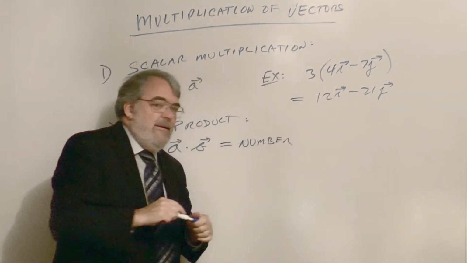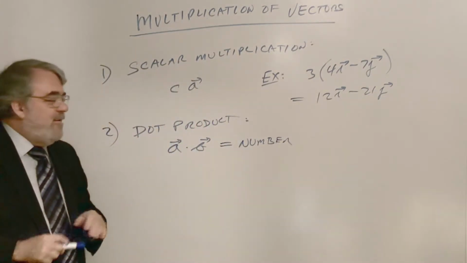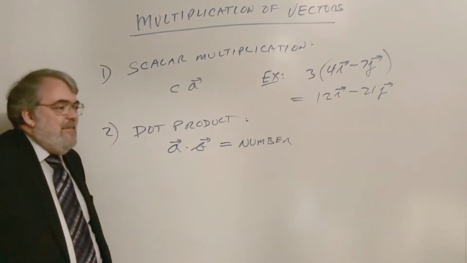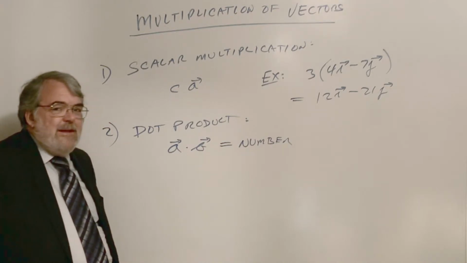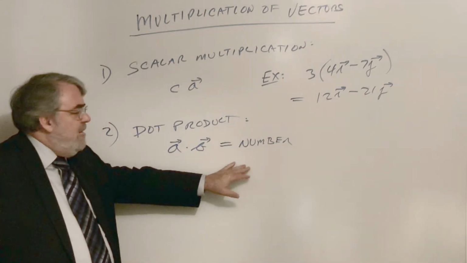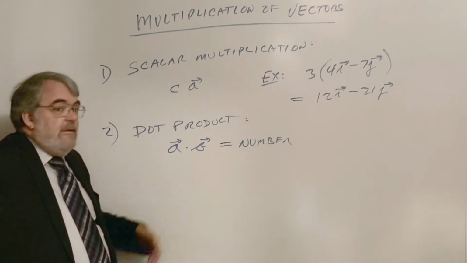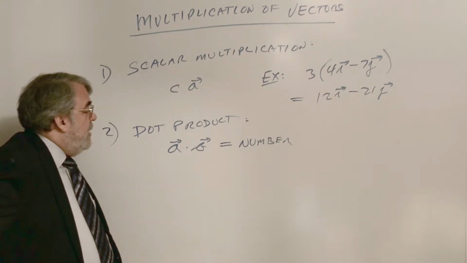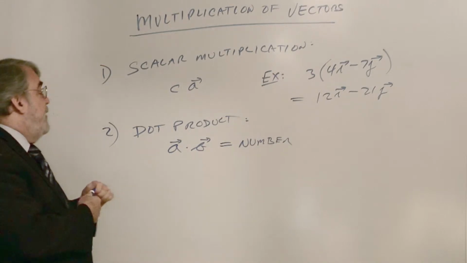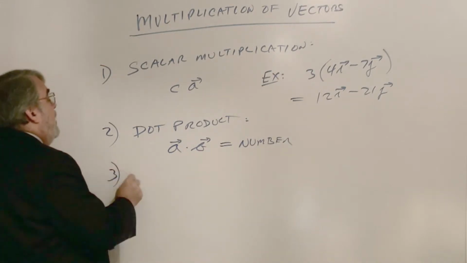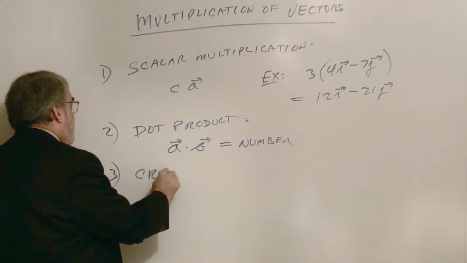And it's actually very easy to compute. And so it's an easy calculation, but it has some fascinating applications, very incredibly useful. So we're going to use the dot product quite a bit in this series on vectors. And finally, the third way is called the cross product.